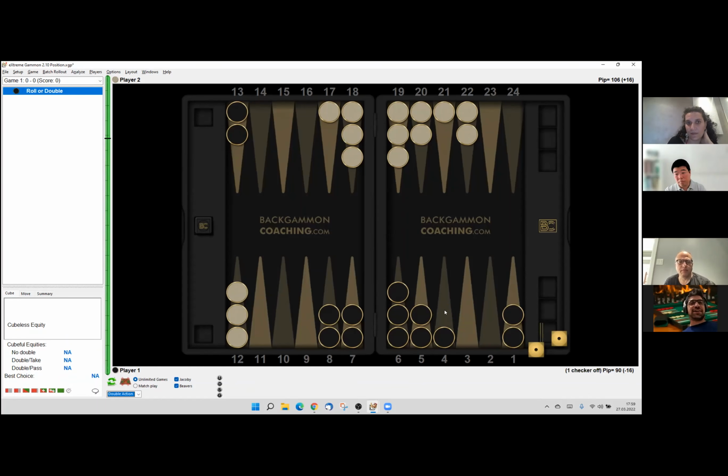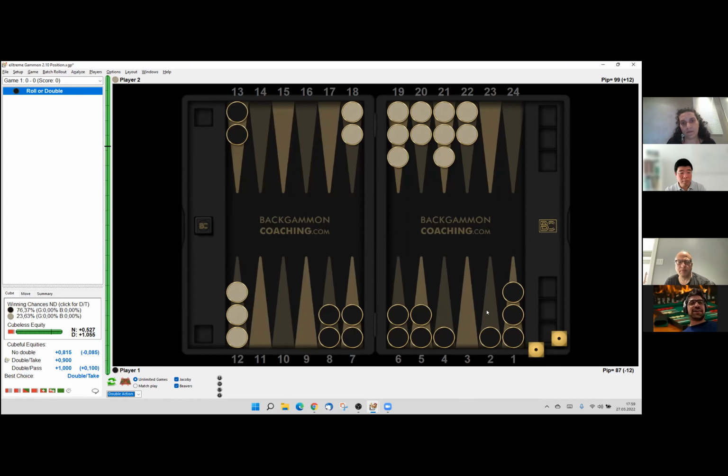I'm gonna put one more dead checker there, one more dead checker here, just to make it a little bit more. Okay, for example, this one, I guess. Yeah. In this position, we've got obviously dead checkers here. Our pip count is 87. So normally, should we double, and should our opponent take or should he pass? Well, in this situation, we can't really use the count exactly because it says 10%, that's 8.7.